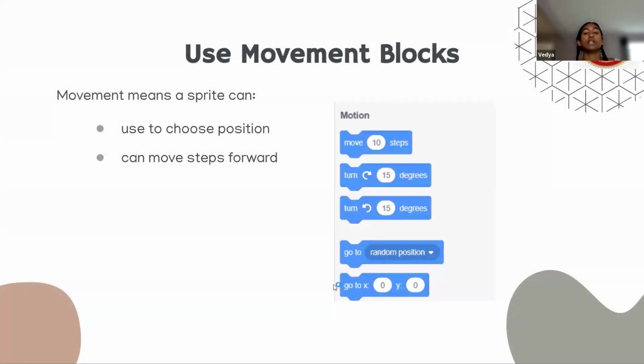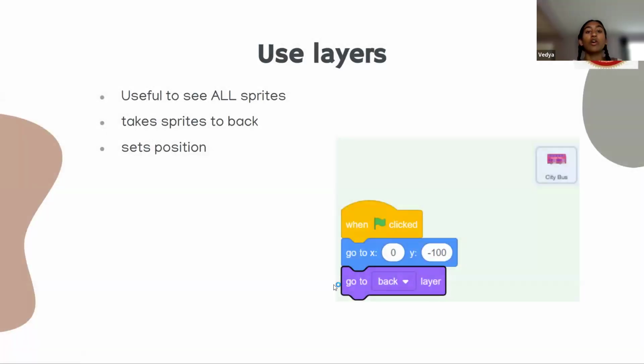So especially in this module, we're going to be using the movements. So move 10 steps or go to a position. And moving sprites is what makes the project come to life. It's the basic picture for the whole story. We're also going to be using layers today.